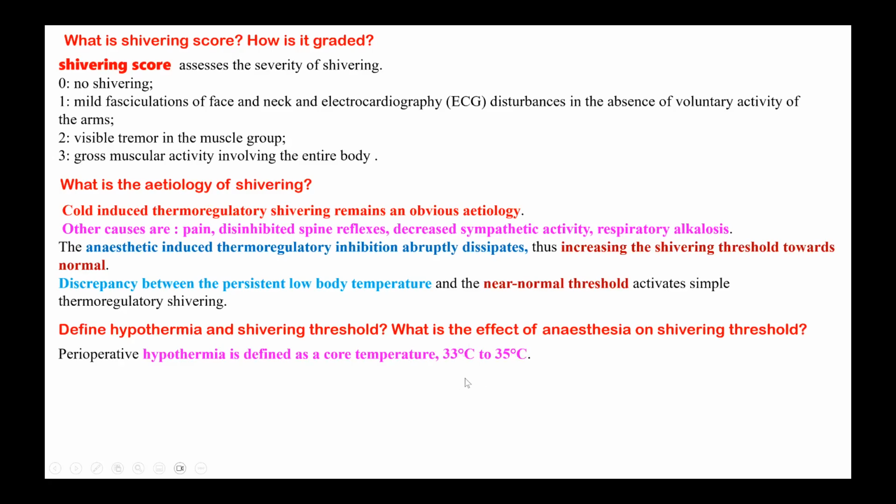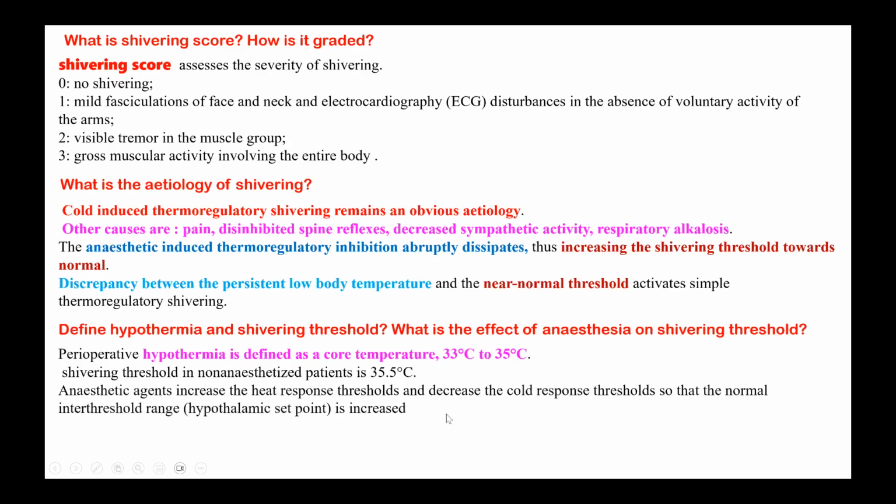But when the core temperature falls to 33 to 35, then the shivering threshold is achieved, and the hypothalamus starts sending the impulses to the spinal motor neurons, and that is how the shivering is initiated. The normal threshold is 35.5, and when it falls below that, you start getting the trigger.